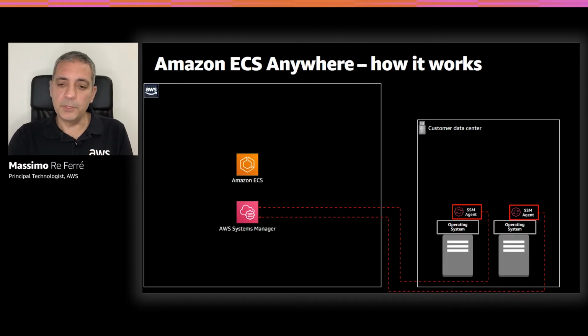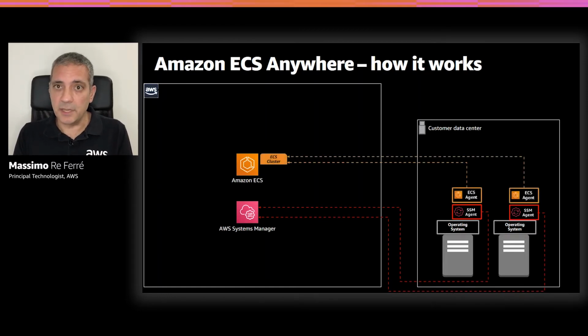The second step is to deploy the ECS agent, or an evolution of the ECS agent, on this customer-managed infrastructure, so they become akin to the EC2 instances that you have in the cloud and in the region today. So they become part of an ECS cluster that you have previously defined in the region. We will talk more about this when we show the demo.